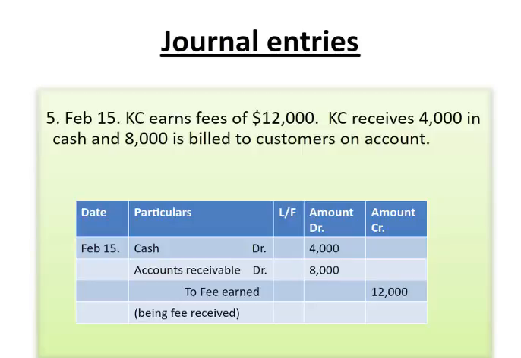That means 4,000 he is receiving in cash, so cash account debit 4,000, and 8,000 is yet to be received, so accounts receivable 8,000. To fees earned, the total fees he has earned, 12,000. This debit side should be equal to the credit side.